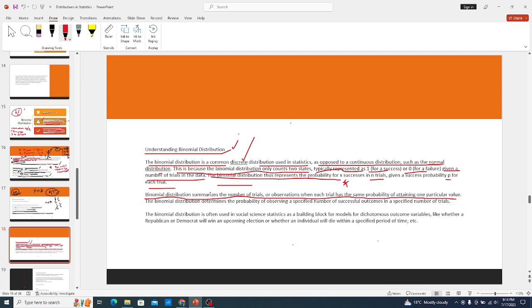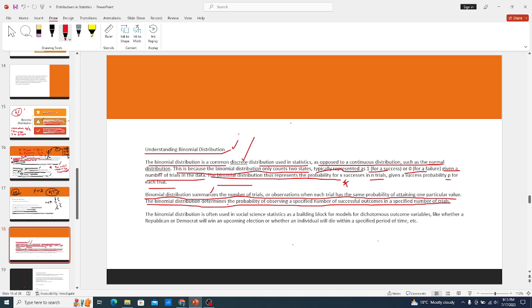It gives us a summary of the number of trials or observations when each trial has the same probability to attain a particular value. The binomial distribution determines the probability of observing a specified number of successful outcomes in a specified number of trials.